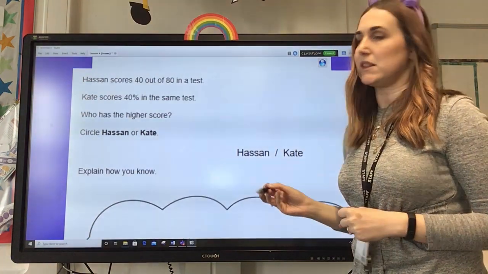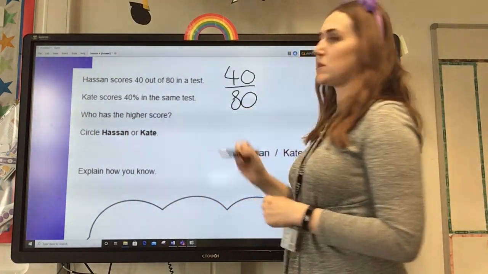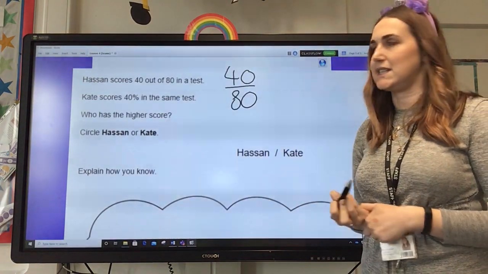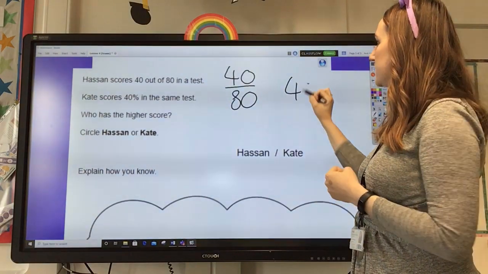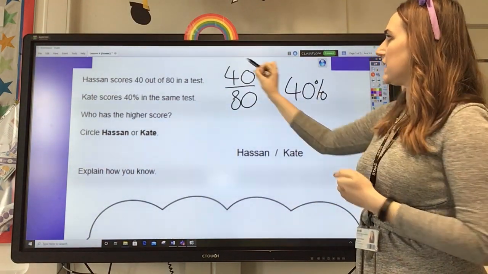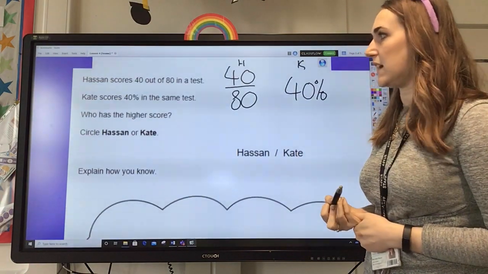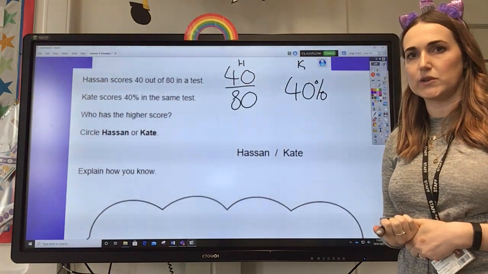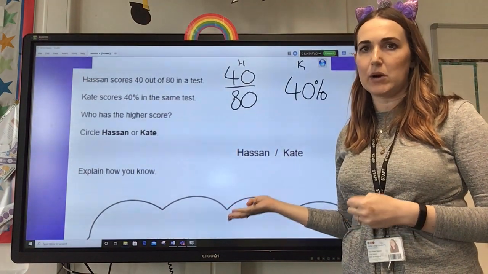Now straight away that wants me to, in my head, write that like that. So that's what Hassan got, 40 out of 80. Then it says that Kate scores 40%. So that's Hassan and that's Kate in the same test. Who has the higher score? And then I have to decide who has the higher score and explain how I know.